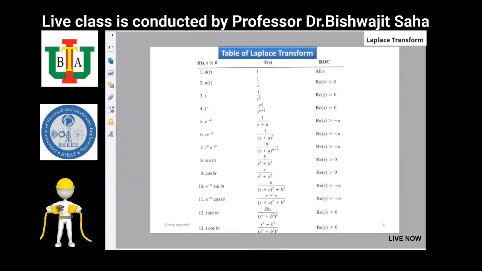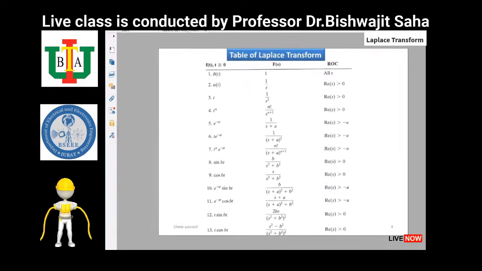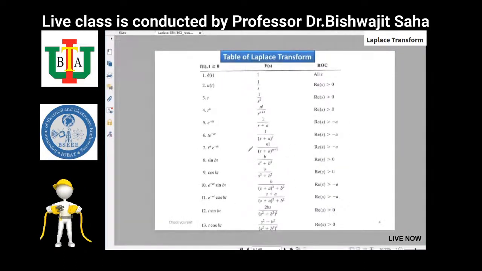Here in the slide you can see some formulas of Laplace transform. Those formulas you already learned in Math 197, so you must remember them. The delta function, its Laplace transform is 1.